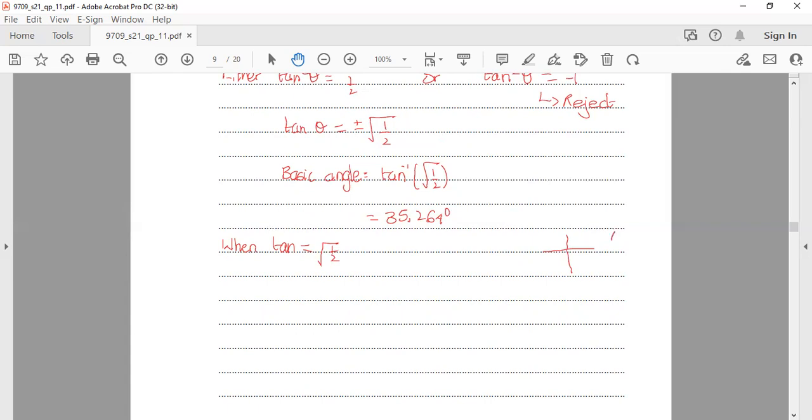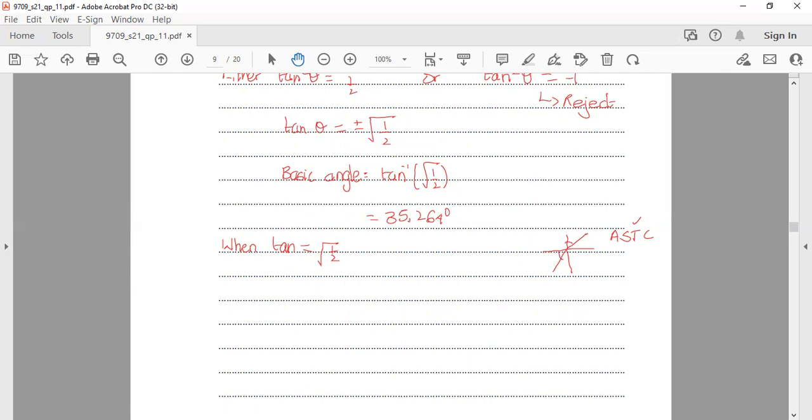As you know, add sugar to coffee. In the first quadrant, all ratios are positive, so tan is positive. In the second, no. In the third quadrant, yes, tan is positive in the first and third quadrants.